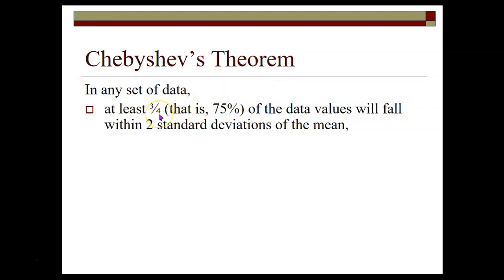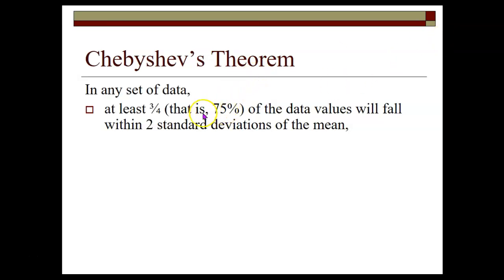Like if there are 40 numbers, at least 30 of them, usually more, maybe even all of them, but at least 30 of them out of the 40 will fall within 2 standard deviations of the mean. That is, they can't be more than 2 times the standard deviation away from the mean in either direction. So between the mean minus 2 times the standard deviation and the mean plus 2 times the standard deviation.